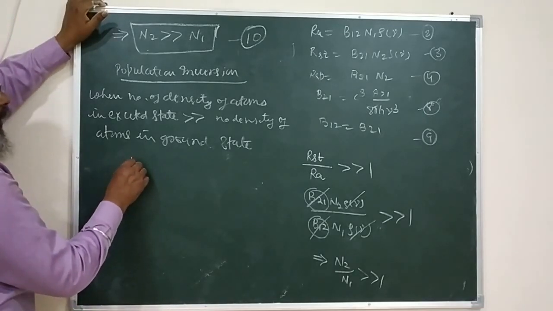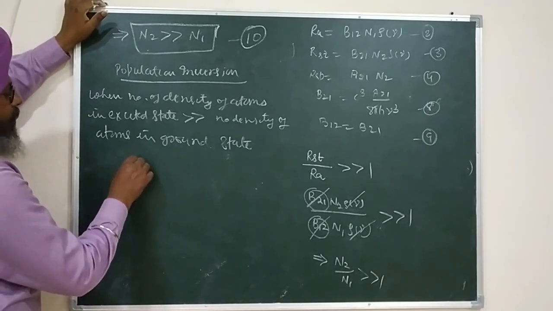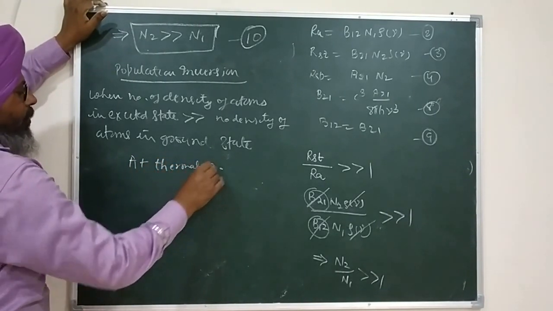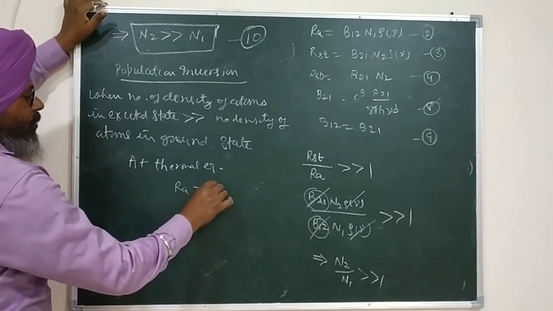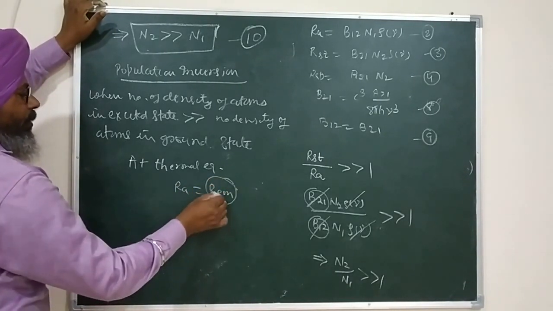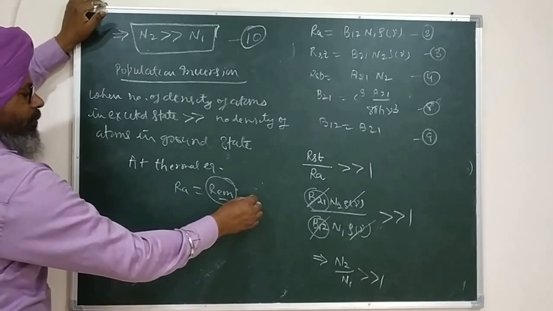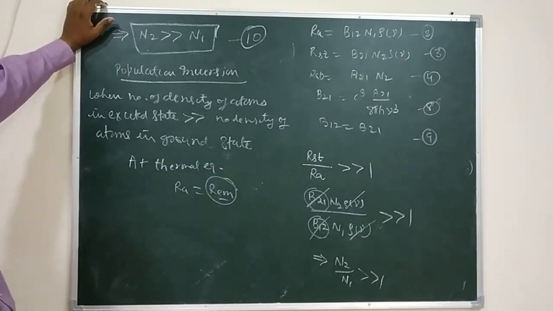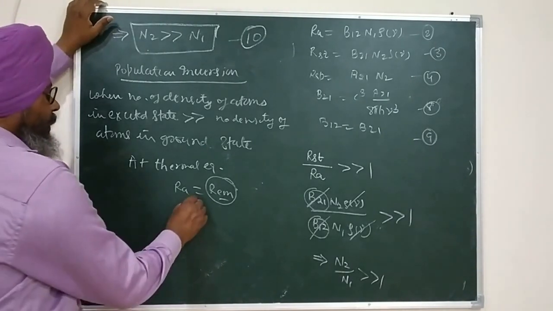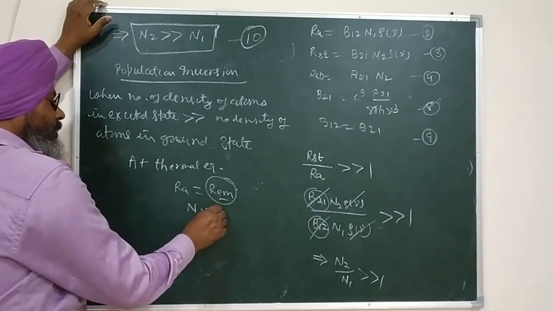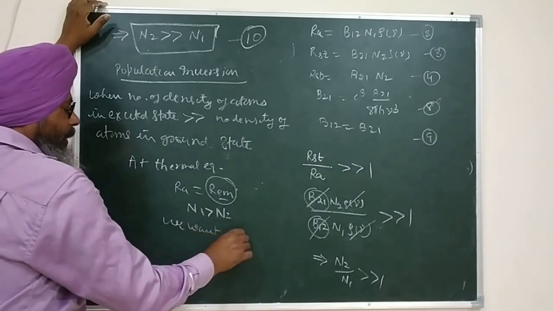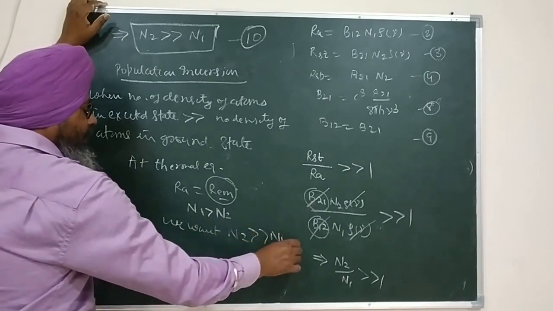However, we know that at thermal equilibrium, although the rate of absorption is equal to the rate of emission, I have written REM, which is actually the sum of both spontaneous and stimulated emission. At thermal equilibrium, RA is equal to REM. However, N1 is greater than N2, and we want N2 much greater than N1.